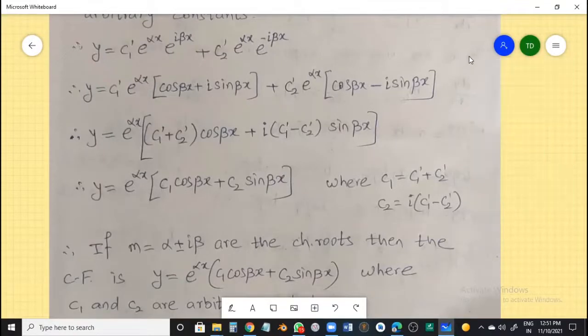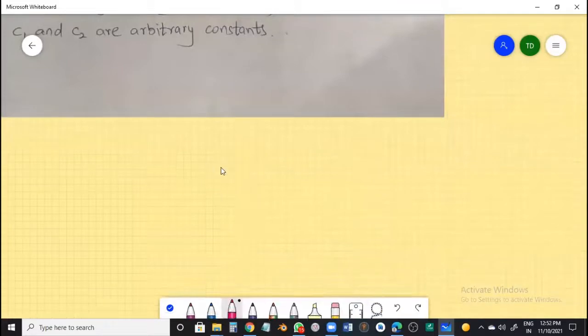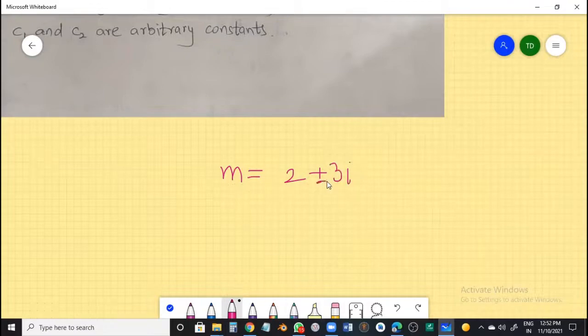What this means is, if the characteristic roots are complex, then e raised to the real part times x comes out, times C1 cos beta x plus C2 sin beta x, where beta is the imaginary part. Suppose I get roots like m equal to 2 plus minus 3i.